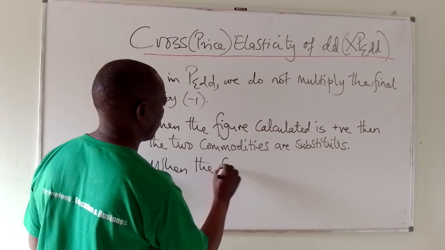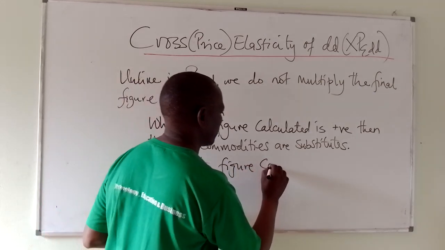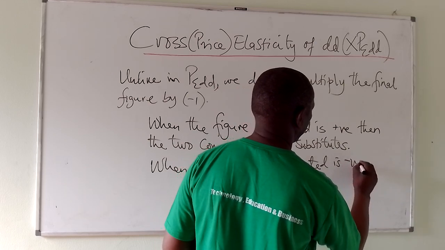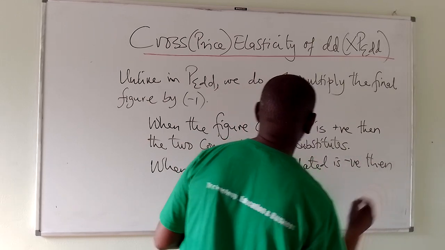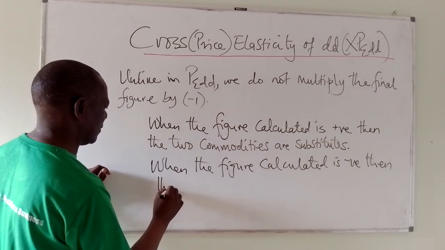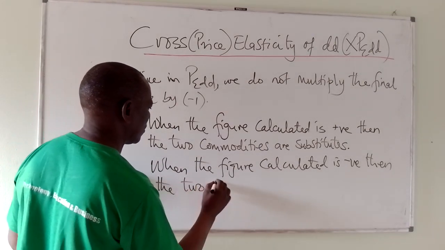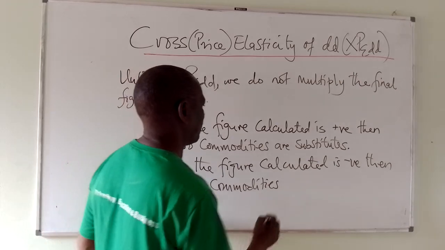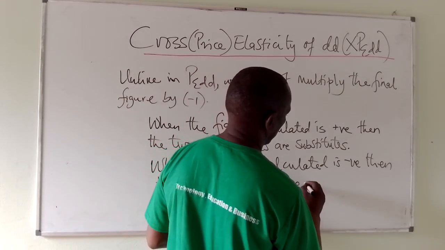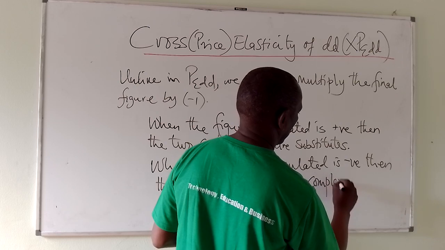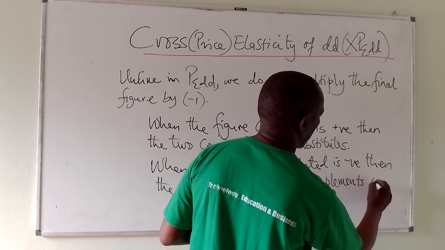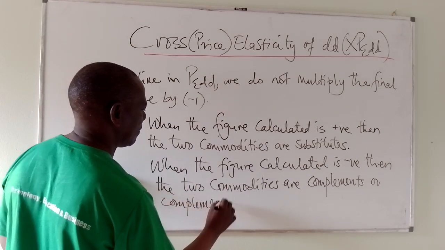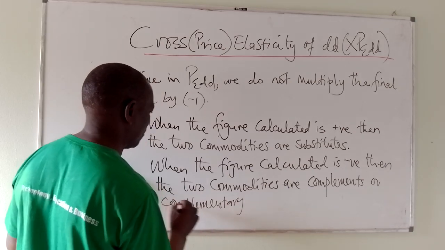Whereas when the figure calculated is negative, then the two commodities are complements, or complementary goods.